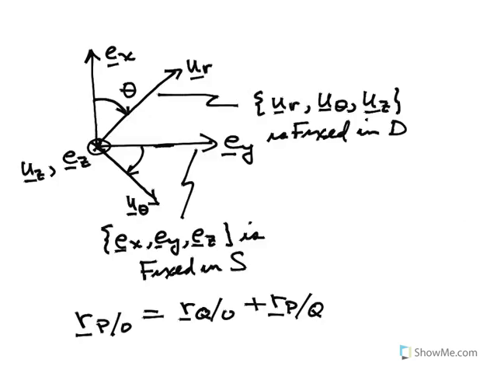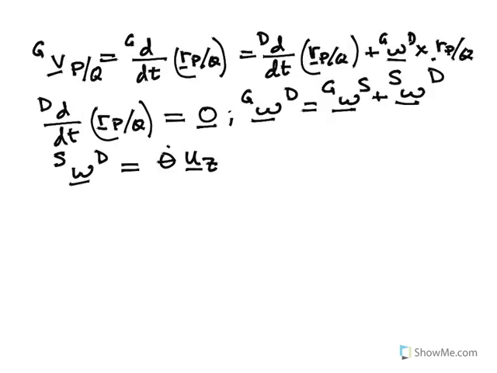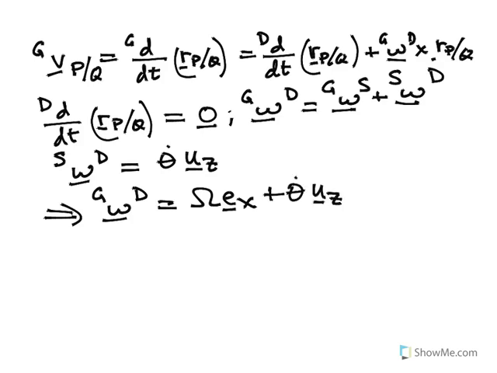If we go back over here to our picture, you see that uz is the direction normal to that plane, and so we get theta dot uz, which gives us that the angular velocity of the disk as viewed by an observer fixed to the ground is equal to omega ex plus theta dot times uz.